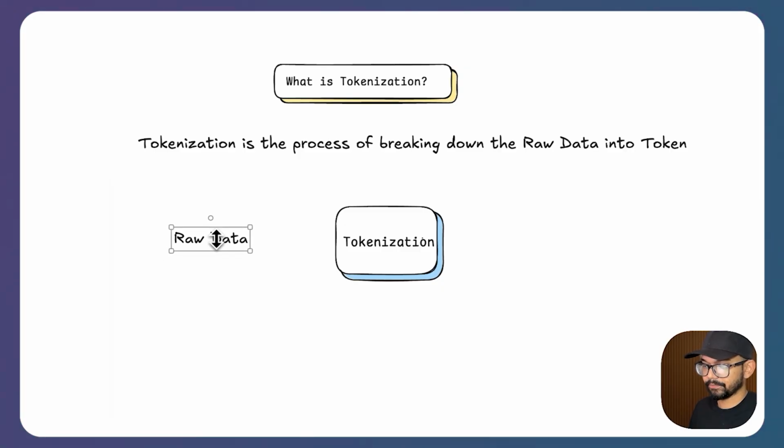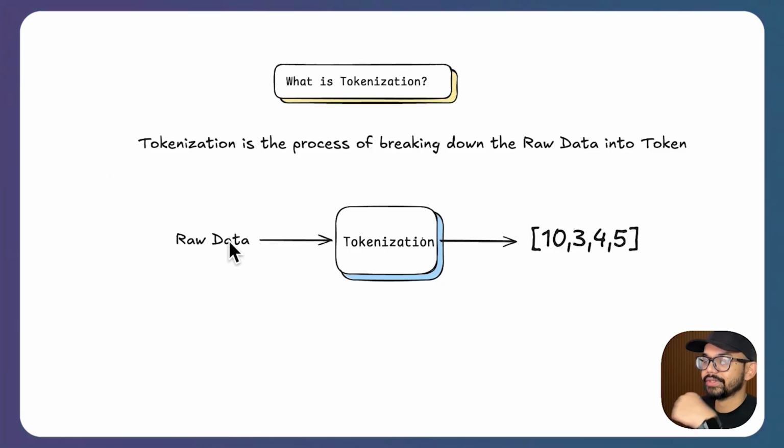This raw data is sent as the input to the tokenizer, and what you get out of it is tokens. The tokens are just an array of numbers. So you have the raw data as the input to the tokenizer, and the output is some tokens, a numerical representation of the raw data.